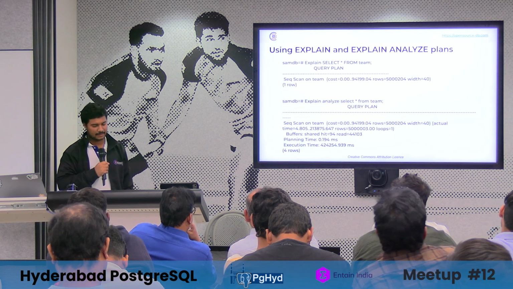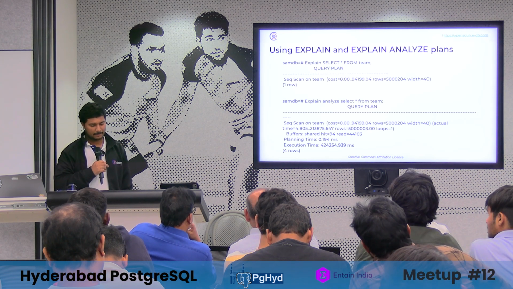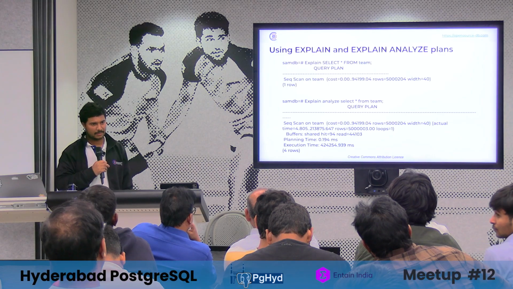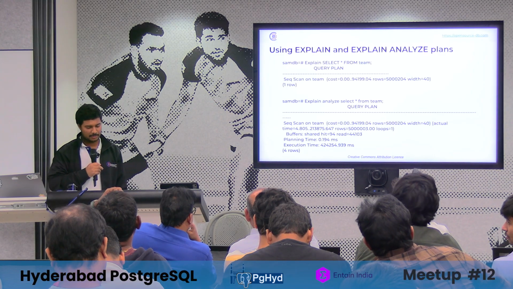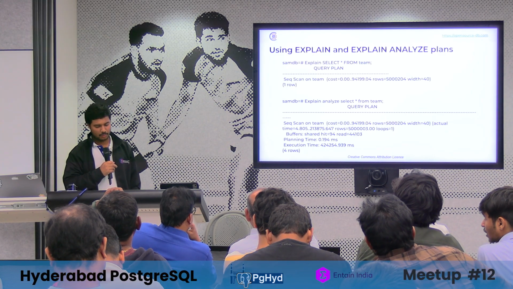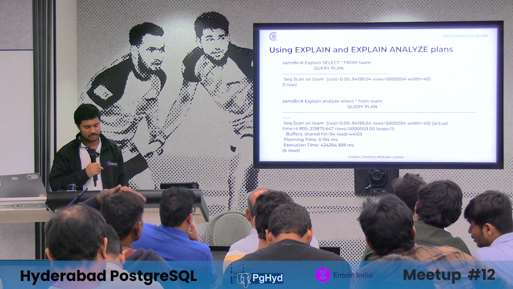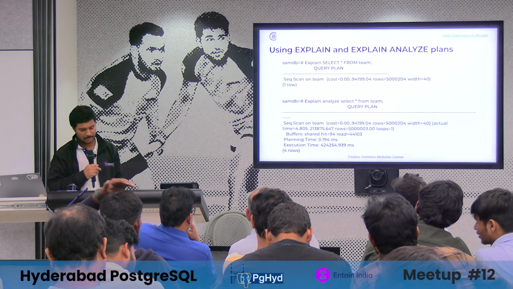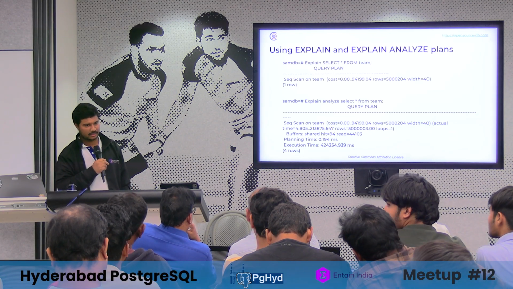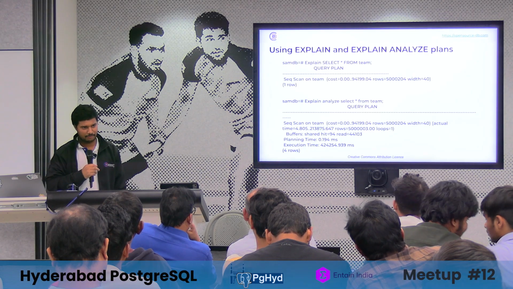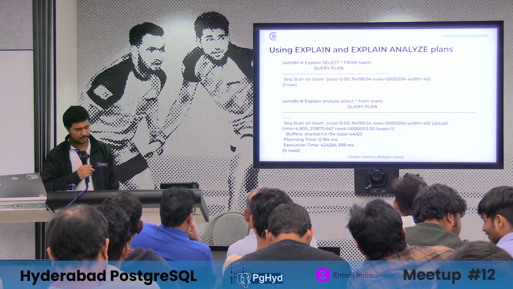The estimated number of rows was almost 5,000 million rows in the table, and the width was 40 bytes.